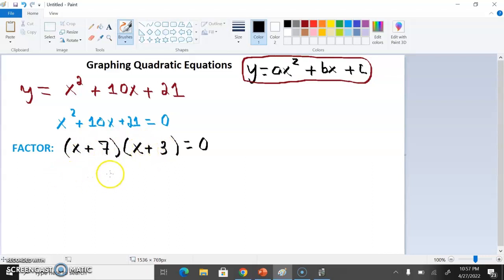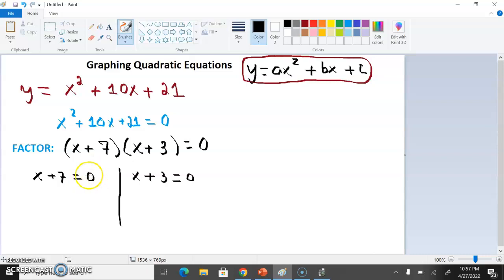Then we're going to take each one of these factors. I'm going to take x plus 7 and set it equal to 0, and then take x plus 3 and set it equal to 0. Why are we setting it equal to 0? Because we're trying to find the zeros. This is the y right here.